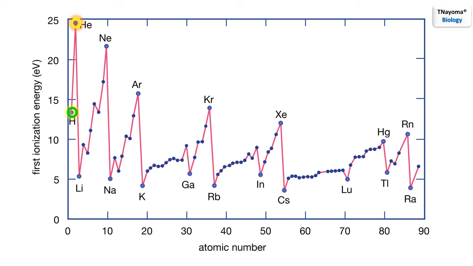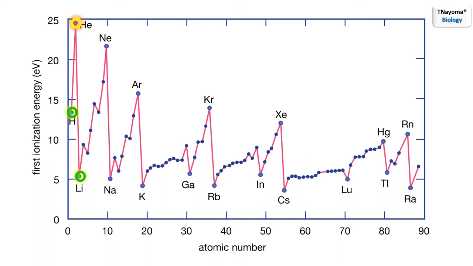Then when you go further, you can see lithium. There is suddenly a huge drop in energy, because these are the first group elements, the alkali metals. Here you can see that lithium needs very low energy compared with hydrogen, around 5 electron volts.